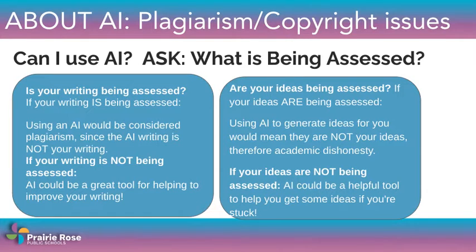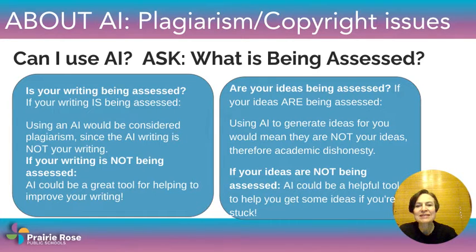Okay, so we are going to continue here, and we are going to ask when AI is okay to use, what is being assessed? And so these are some really good questions to help us understand, as both teachers and students, what is being assessed can determine what type of AI we use.